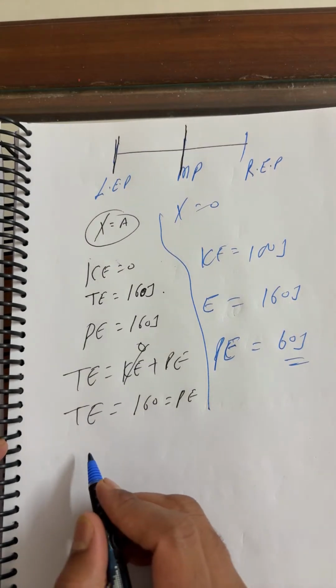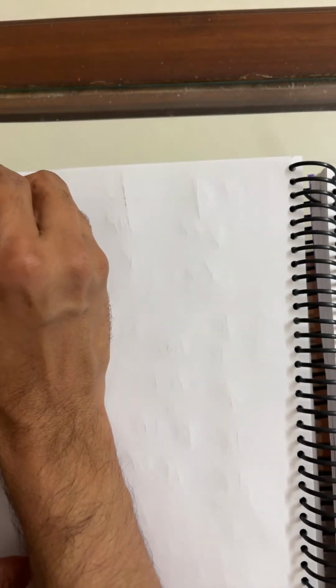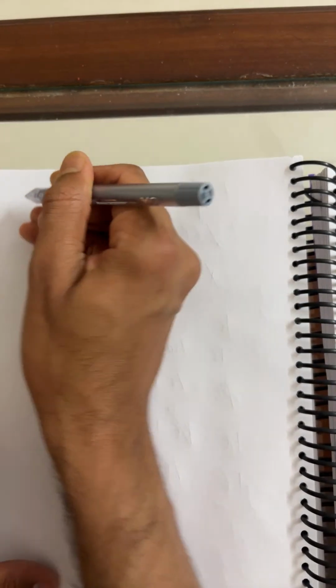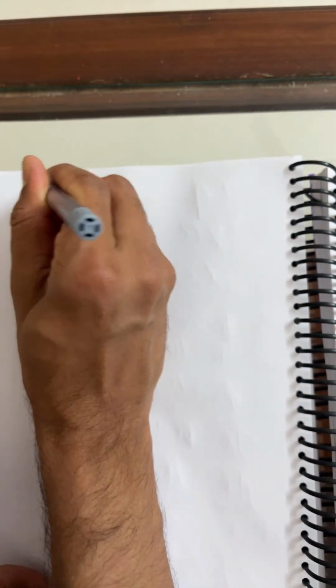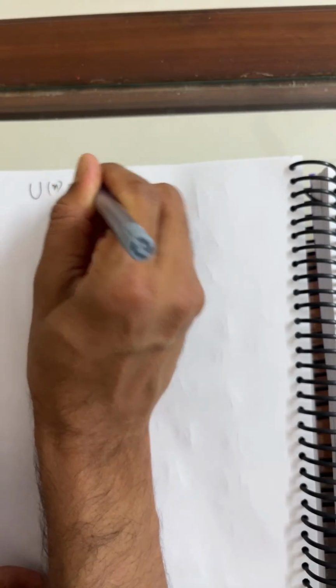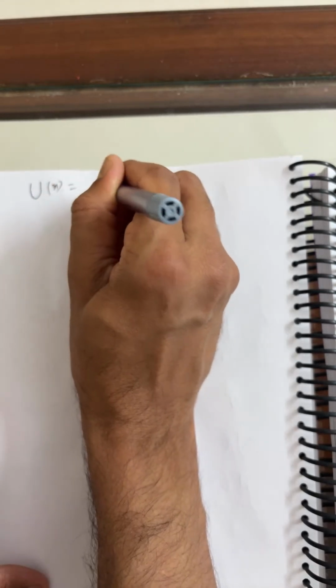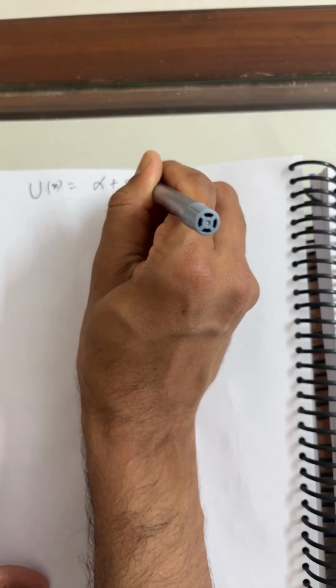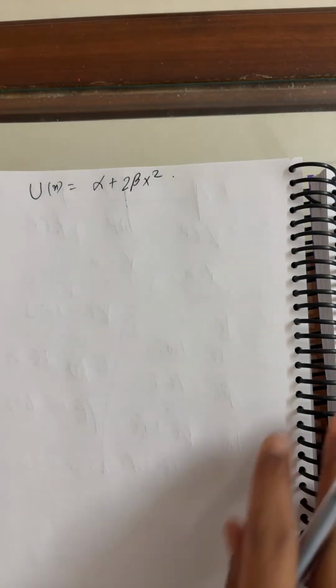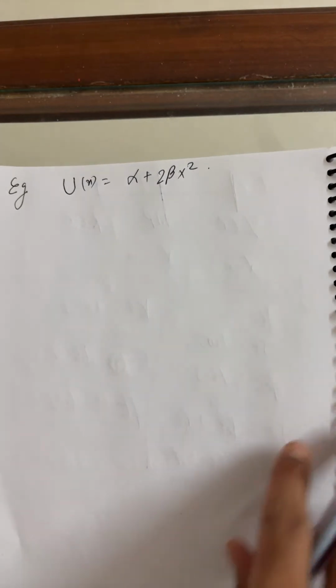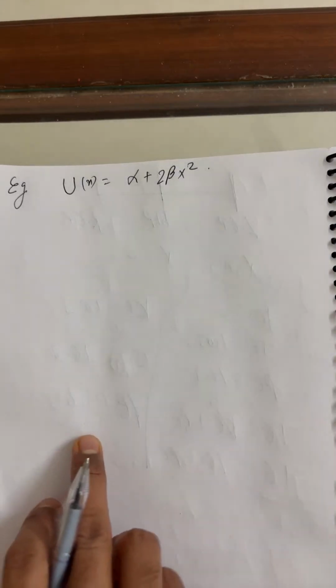So what does the question say? U as a function of x. You can take, let us suppose, some expression: U as a function of x is alpha plus twice beta x square, where alpha and beta are constants.